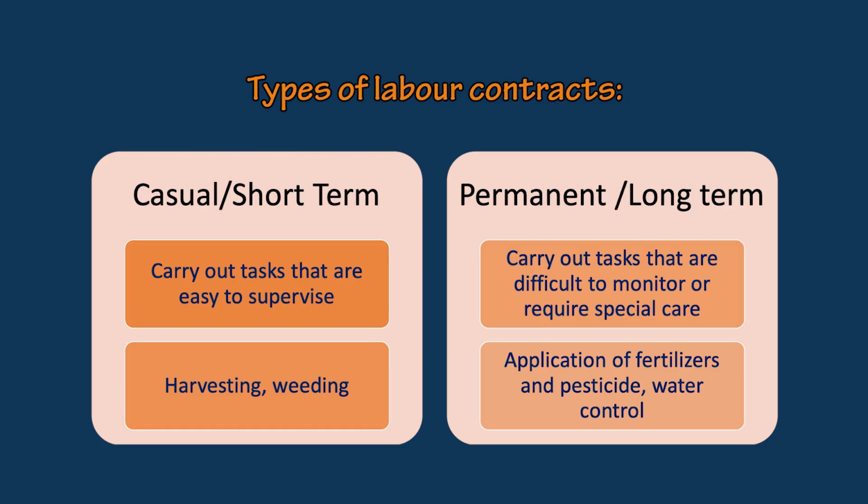In the context of agriculture, casual or short term contracts are made for tasks like harvesting and weeding. On the other hand, long-term contracts are made in case of application of fertilizers, pesticides and water control.